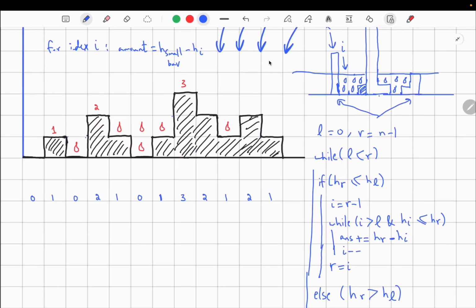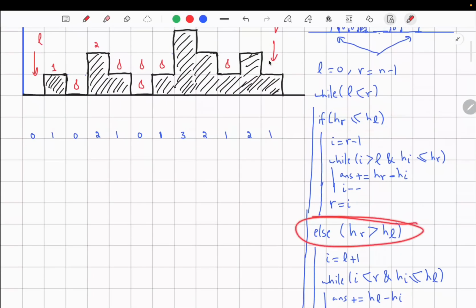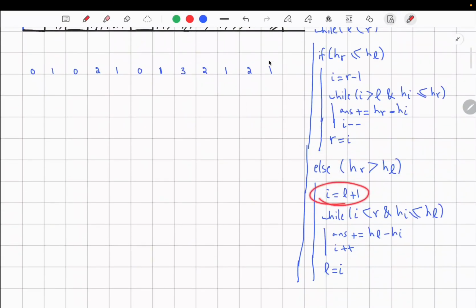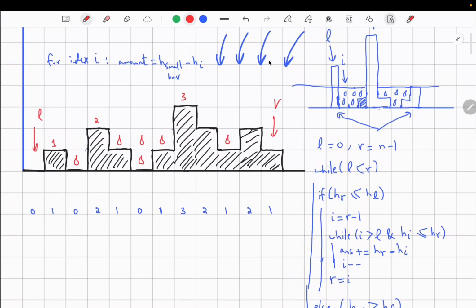So initially in the given example, left will be here and right will be here. So we will compare, is h of r less than h of left? No. So we will come to the else, because h of left is less than h of r. So i is equal to l plus 1. So i will be here.